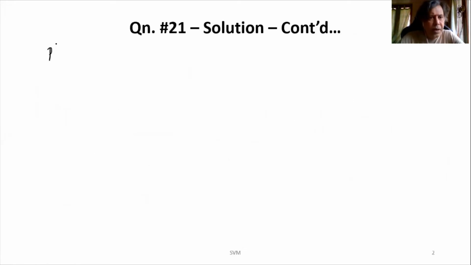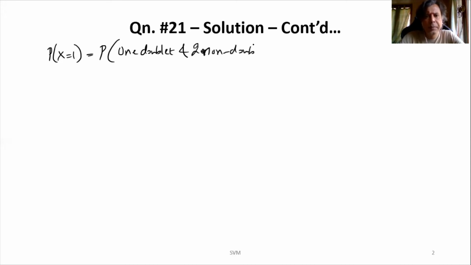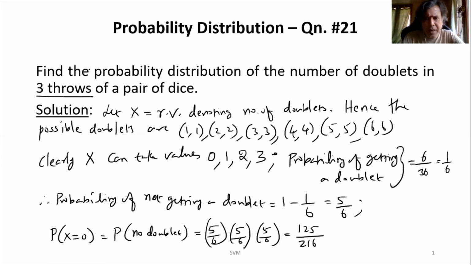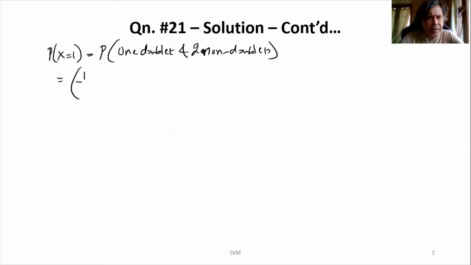What is the probability of x taking the value 1? Means a single doublet. It is the probability of 1 doublet and 2 non-doublets. Again, this can happen like in the first throw, I may get a doublet, and then in the subsequent 2 throws, I may not get a doublet.